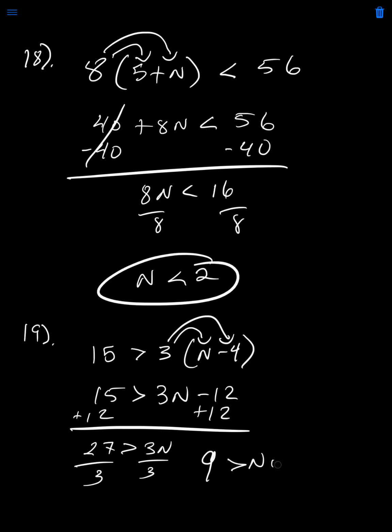So that's 27 is greater than or equal to 3n. Divide both sides by 3. So that way 9 is greater than n, or you can rewrite it as n is less than 9. I prefer that way instead. So n is less than 9.